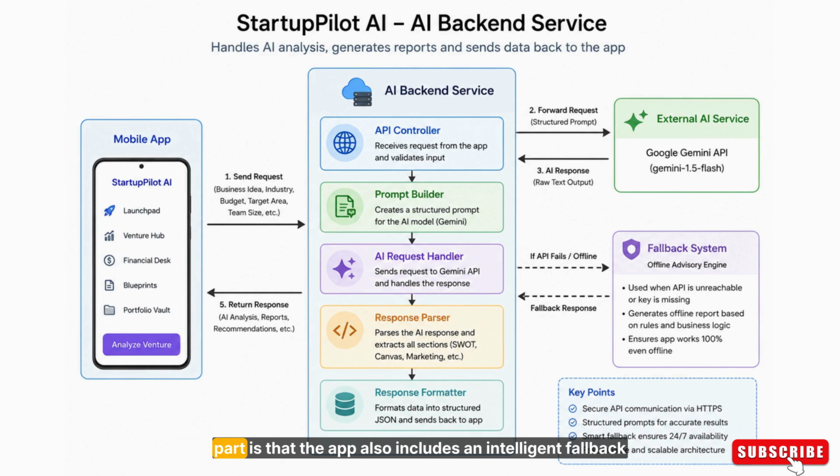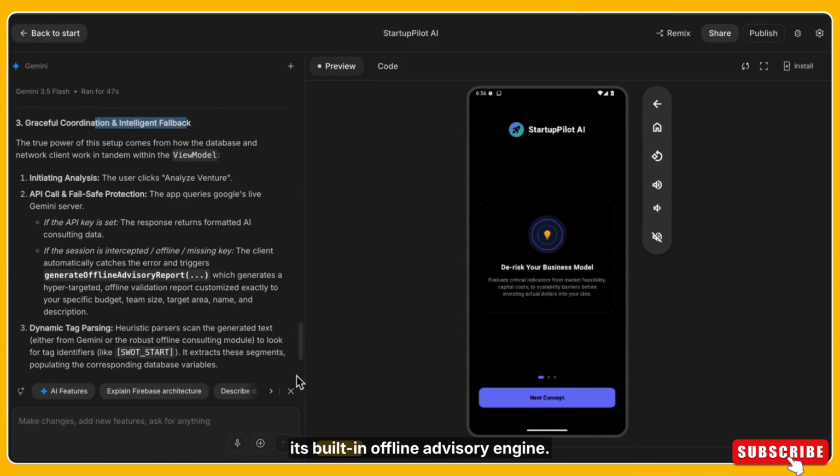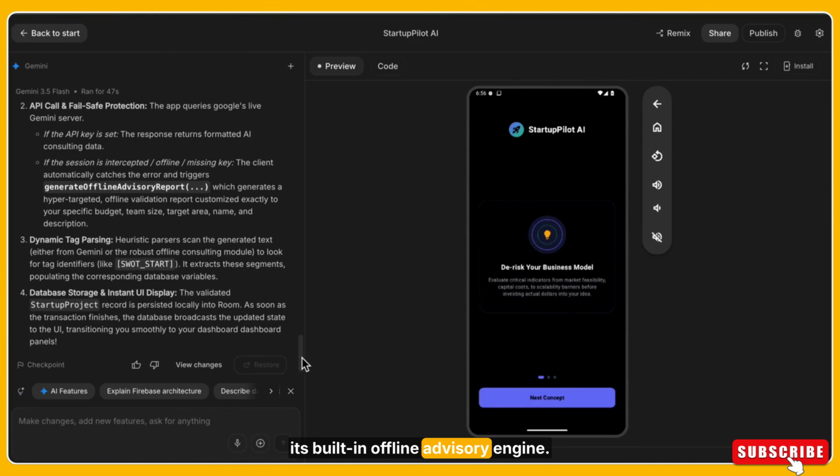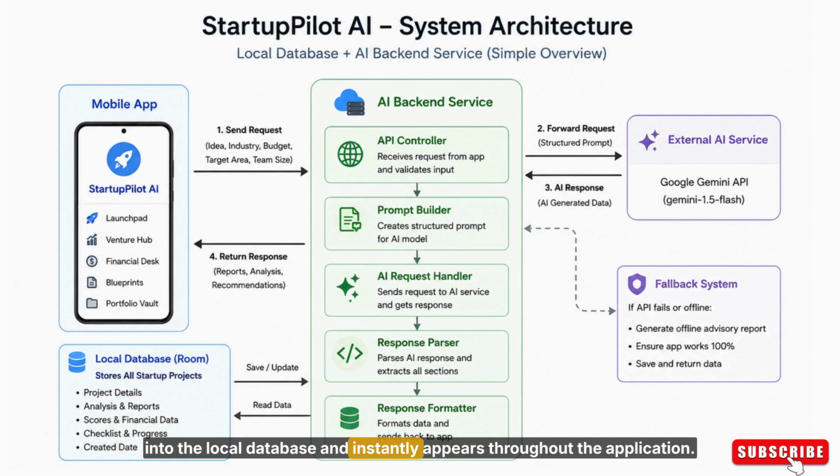And the interesting part is that the app also includes an intelligent fallback system. So if the internet connection fails or an AI service is unavailable, the app can still generate a startup recommendation using its built-in offline advisory engine. Once the analysis is complete, everything gets saved back into the local database and instantly appears throughout the application.